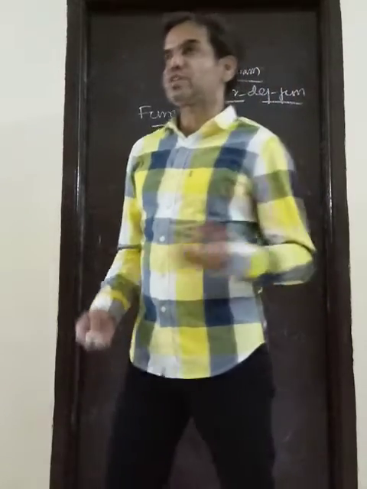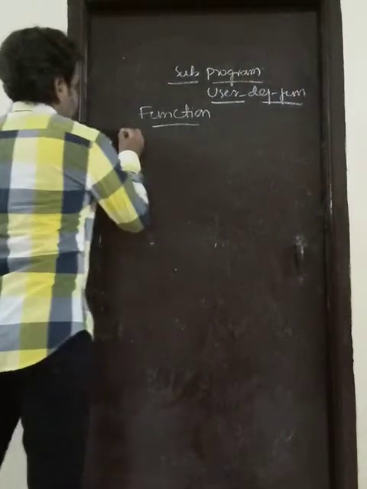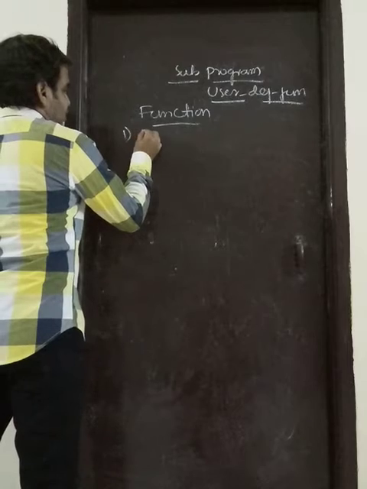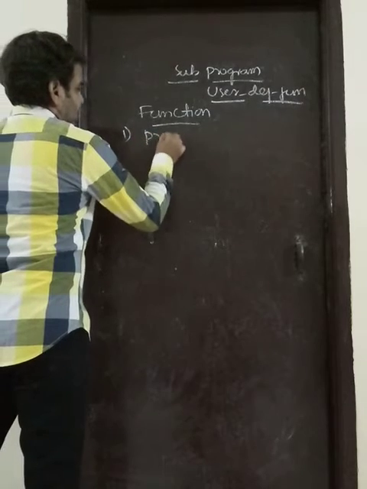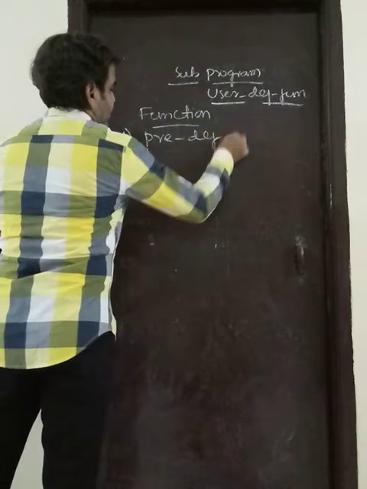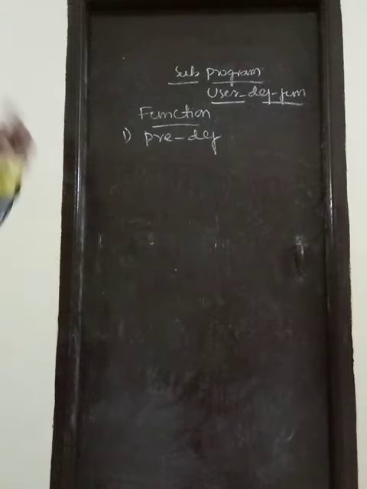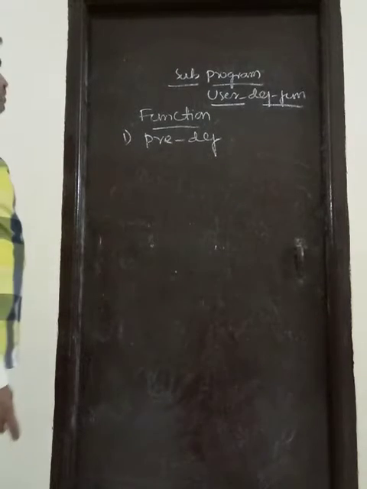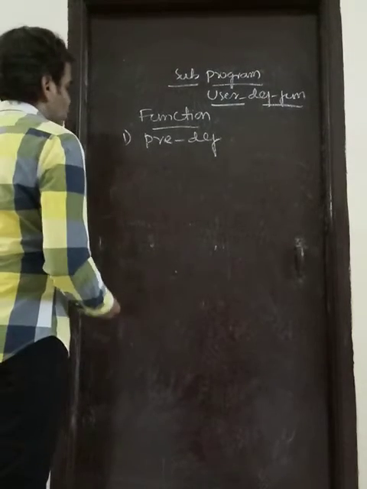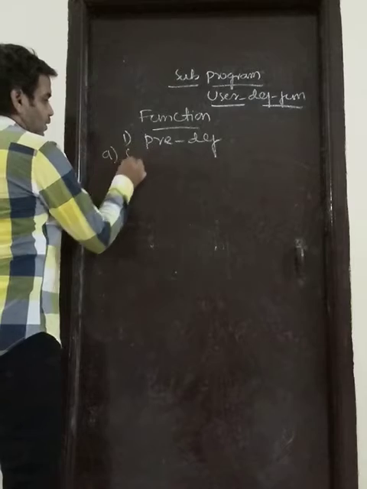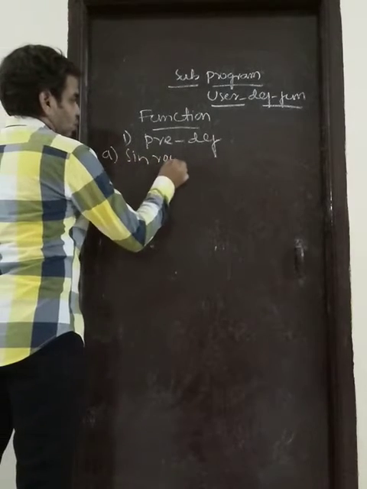Okay, so first of all, predefined functions. Predefined functions. Second one is user-defined functions. Predefined functions are classified into two types. A, single row functions.